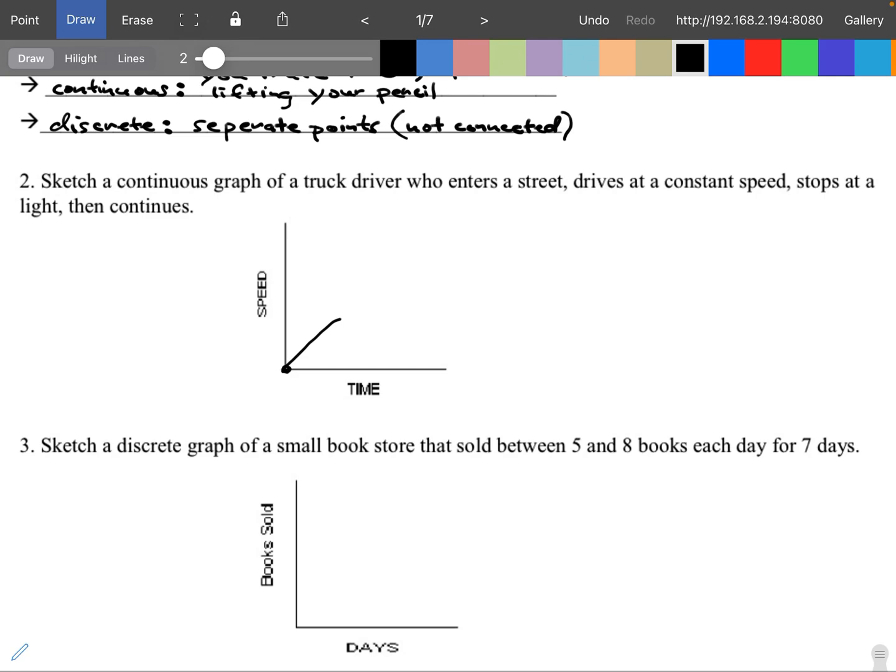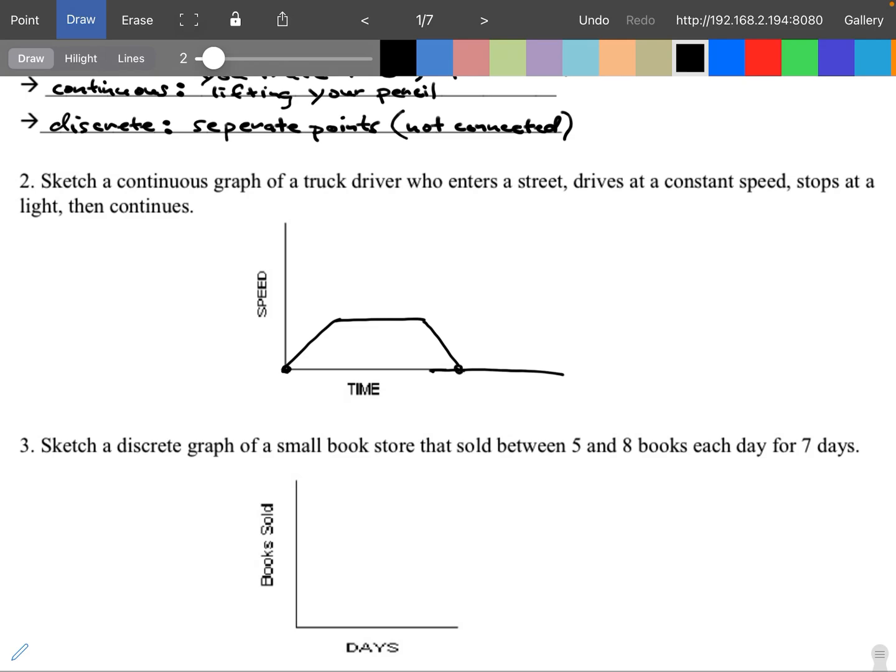So right here, your speed is 0. You turn onto the street, so your speed is increasing. Well, then eventually you're going to reach the speed limit, right? So what's going to happen to your speed then? Yeah, it's going to flatten out. It's going to be constant. So then your speed is constant when you're driving the speed limit.